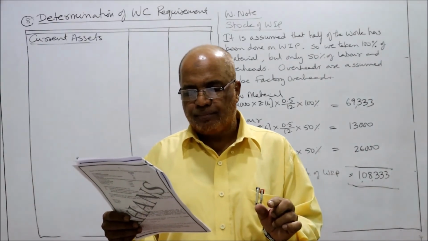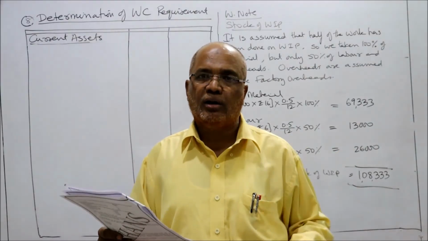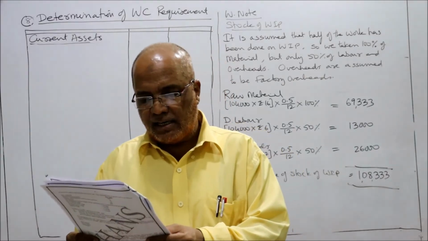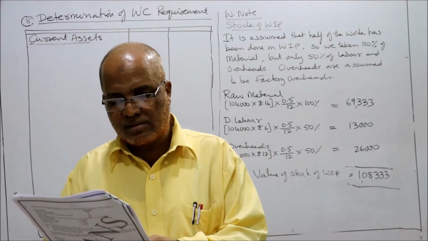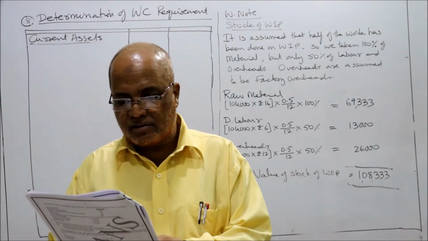Average credit given means we have allowed a credit period to debtors. So inland sales 6 weeks, export sales 1.5 weeks credit.